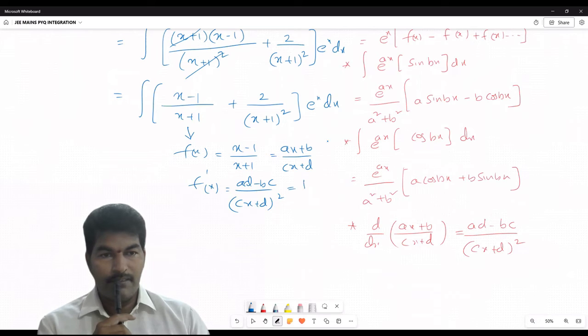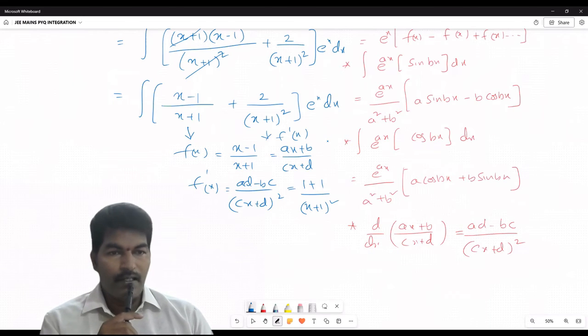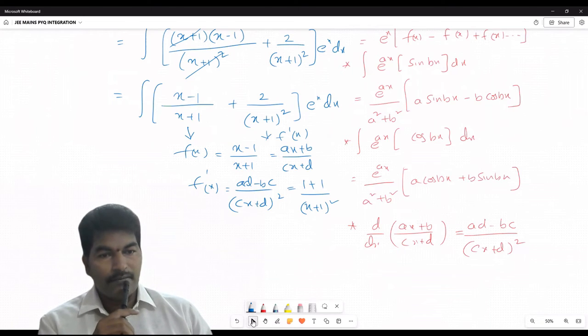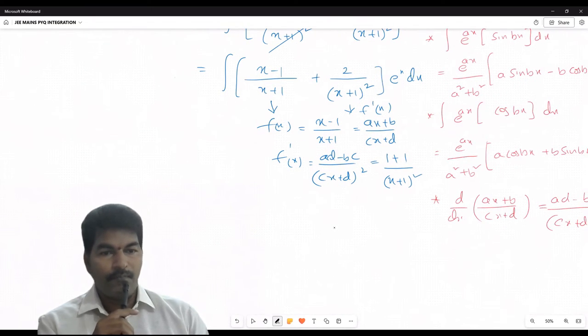So 1 into 1, 1 plus b into c is also minus of minus 1, plus 1, divided by (x plus 1) whole square. So what you got? This one, clearly it is f dash x. So all the things are settled properly. Therefore you can write directly e power x into f of x is the answer.